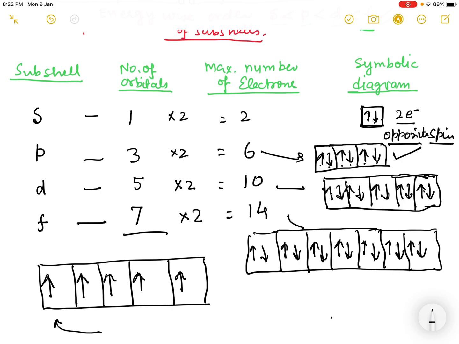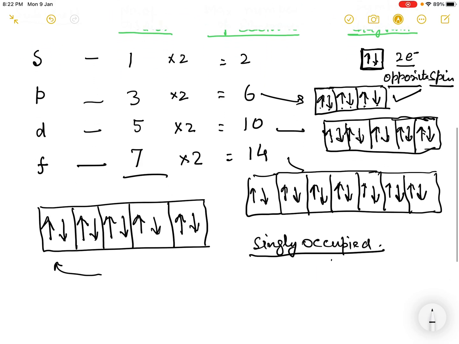Then the sixth will pair with this electron, and seventh will pair with this electron, and so on. So this is called Hund's rule, in which every orbital in a subshell is first singly occupied, and when all the orbitals are singly occupied, then they are paired up. This is called Hund's rule.